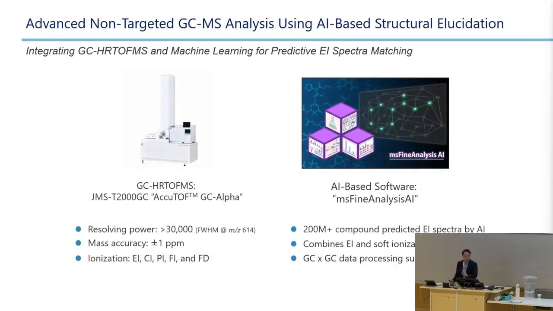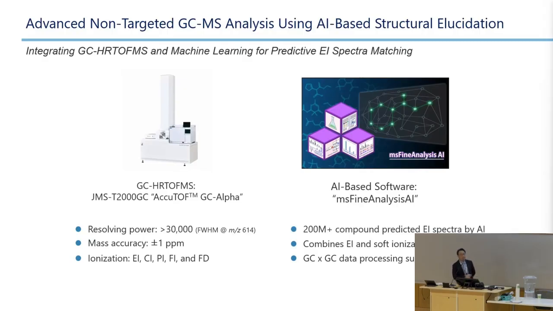This application comes from our GC high resolution time-of-flight and AI-based software. Our time-of-flight has over 30,000 mass resolution and 1 ppm mass accuracy. We have four kinds of ionization: EI, CI, photoionization PI, and field ionization FI.